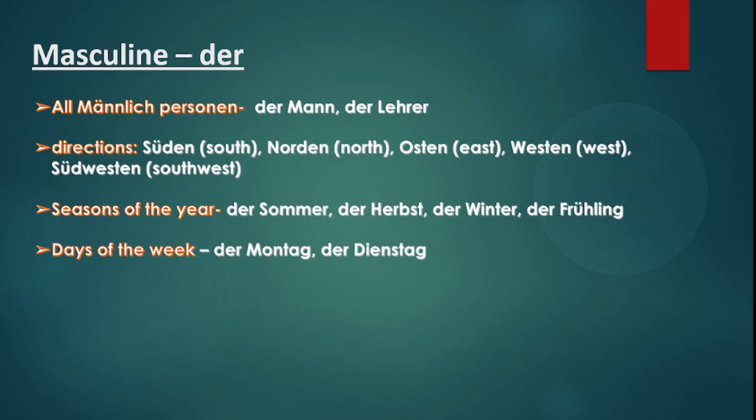Der Montag, der Dienstag, for example, all the days come under the category of masculine with the article der. And the months of the year, for example, der Januar, der Februar, can all be defined using the masculine category der as the article.